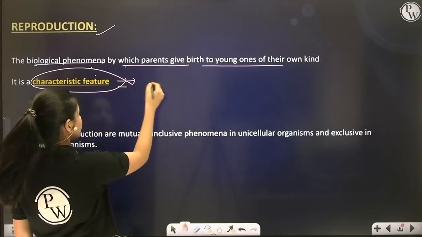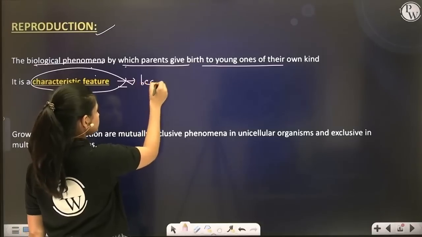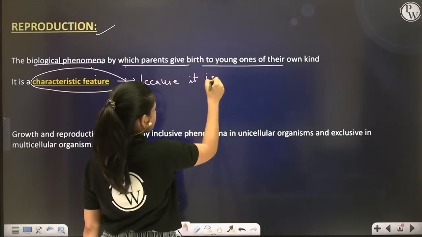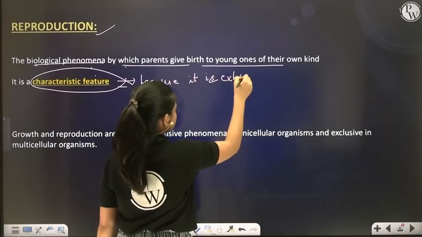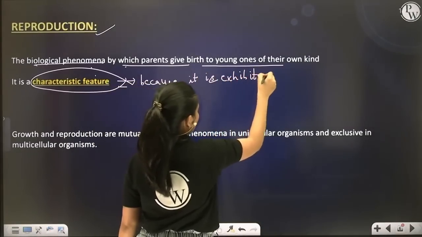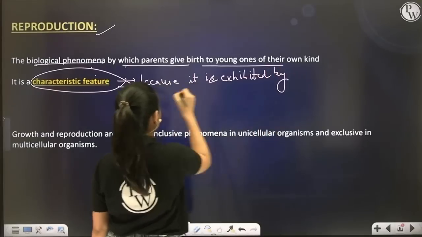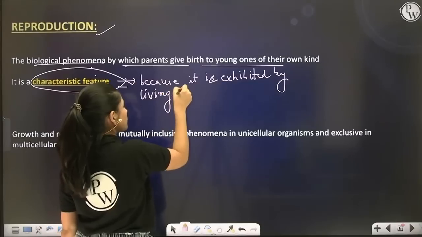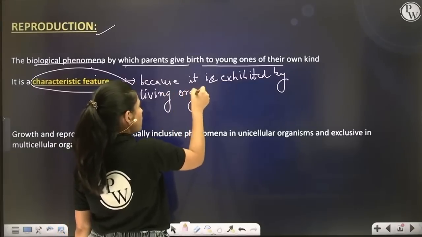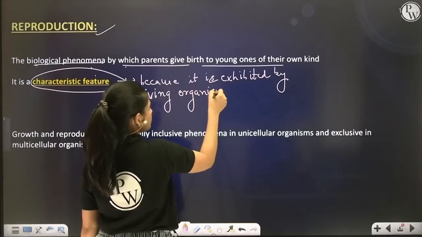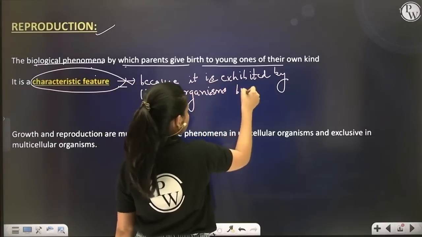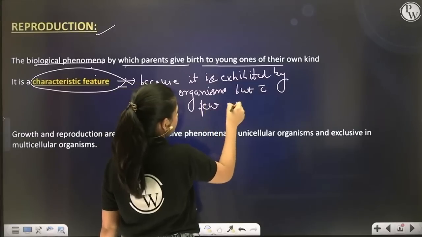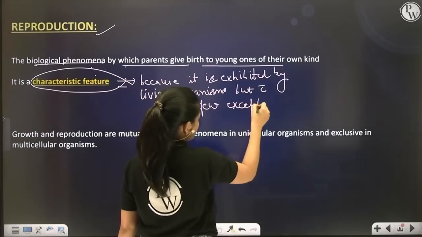Okay, so it's a characteristic feature because it is exhibited by living organisms but with few exceptions.